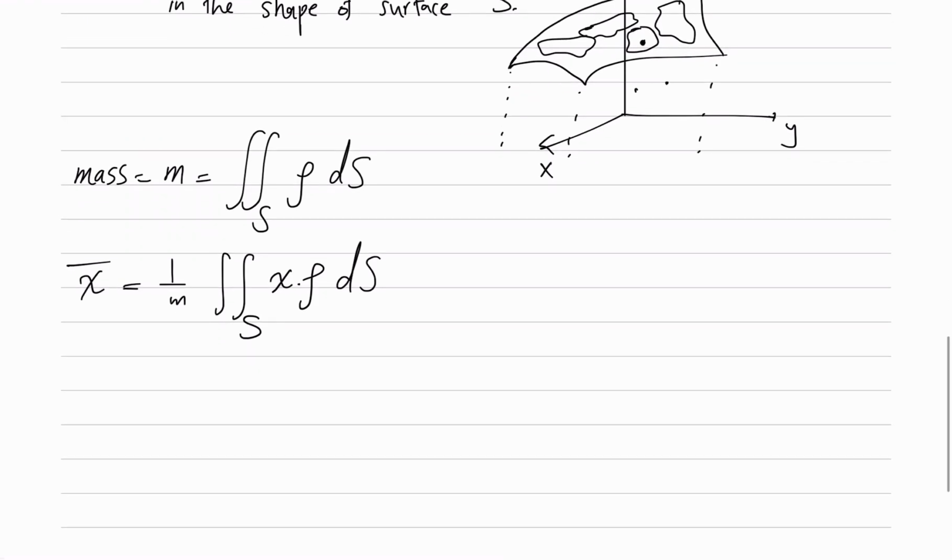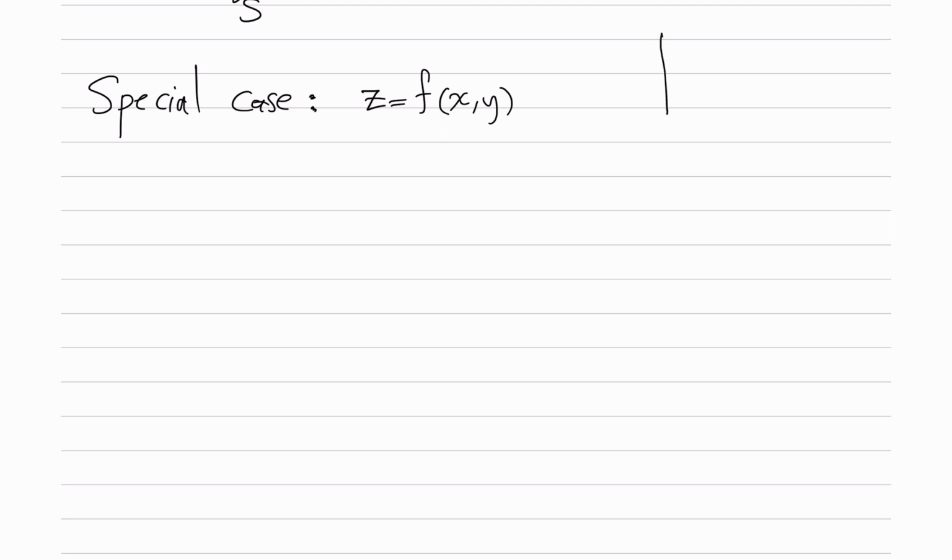Okay, let's see what this integral formula looks like in the special case when our surfaces were not parameterized like r of u, v with a random r, but rather over the xy plane. So this is one example of how we have parameterizations of a surface. In this case, it's the graph of some function.